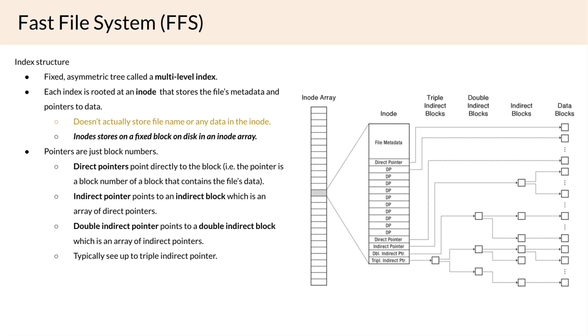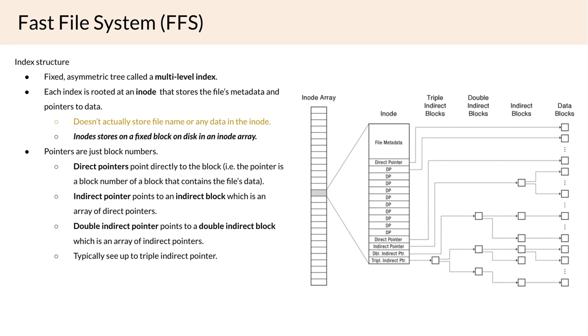In fact, at the very most, an inode should typically be at most the size of a block. You can imagine if we could only store 200 pointers in a block, and we were only using direct pointers, then our file size is limited to 200 disk blocks.